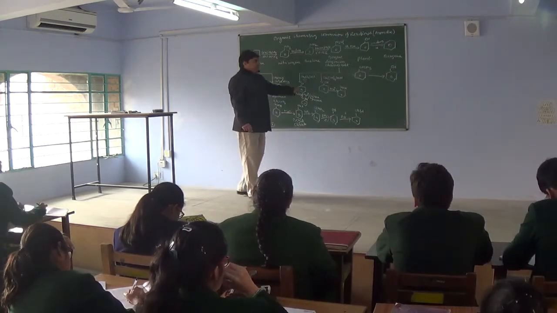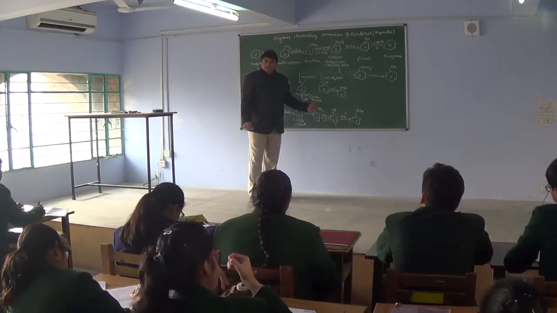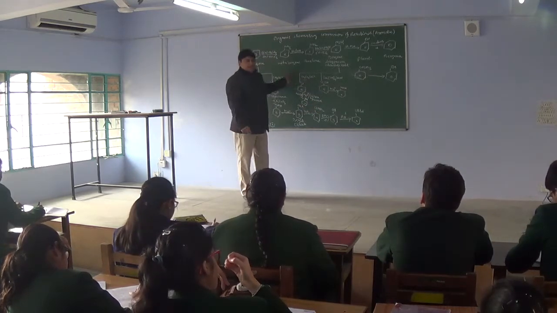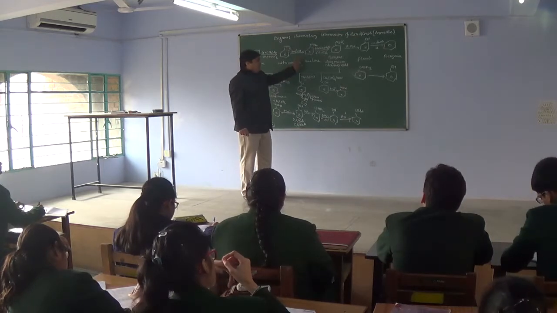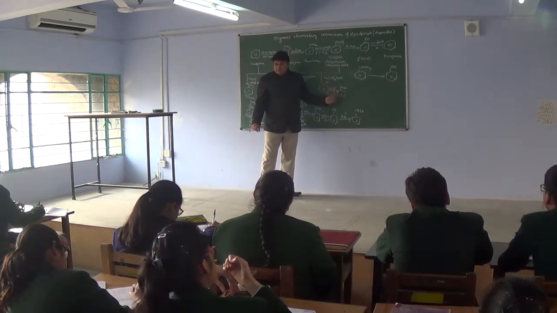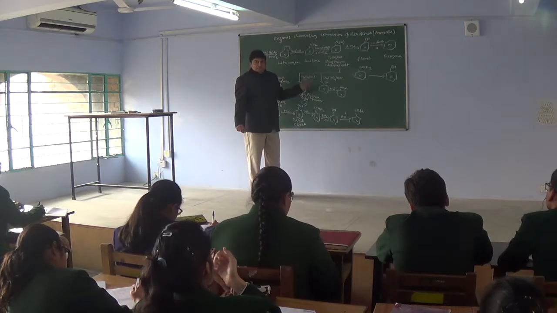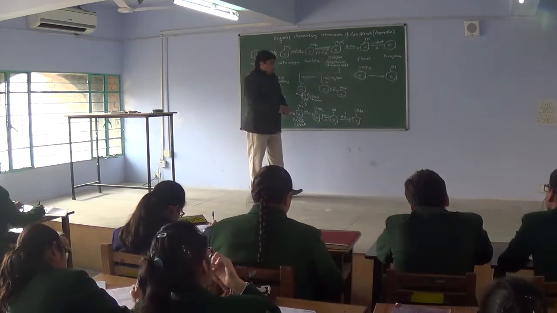Clear? So this way we can use this table as a comprehensive tool regarding different aromatic conversions, provided this is a ring substitution. If you observe that all the functional groups are directly attached to the ring, then ring substitution types of conversions can be easily taken with this help as a handy tool.